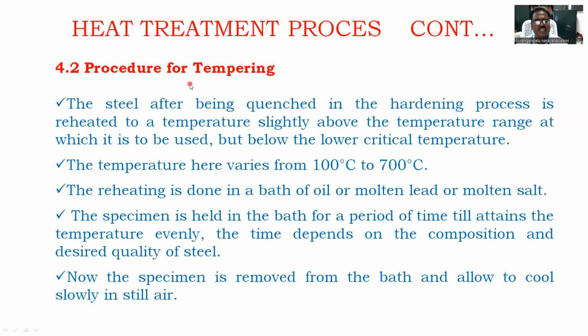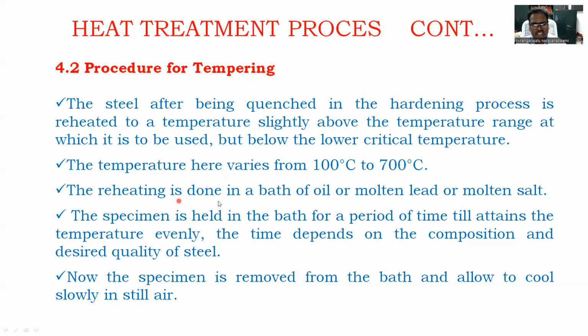Procedure for tempering: the steel, after being quenched in the hardening process, is reheated to a temperature slightly above the temperature range at which it is to be used, but below the lower critical temperature. The temperature here varies from 100 degrees centigrade to 700 degrees centigrade.